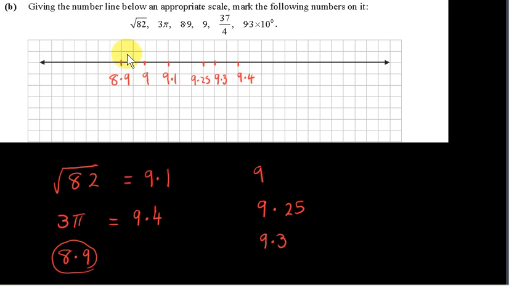So what I've done is use this distance for 0.1. Let's redo this question using this distance for 0.1. That way we can fit 0 onto our diagram. Let's put 0 here. So we want 8.9.